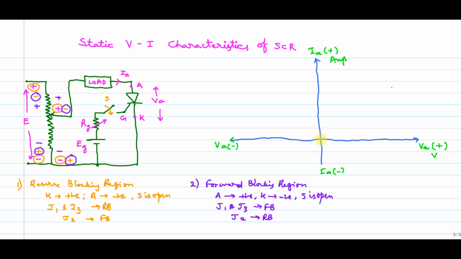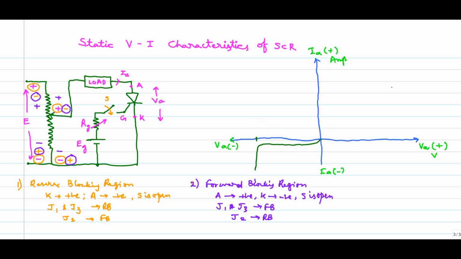In the reverse region, it will be like this. A very small leakage current flows. This point is called VBR. At this stage, it is turning off, and avalanche breakdown happens. This is the reverse blocking region.